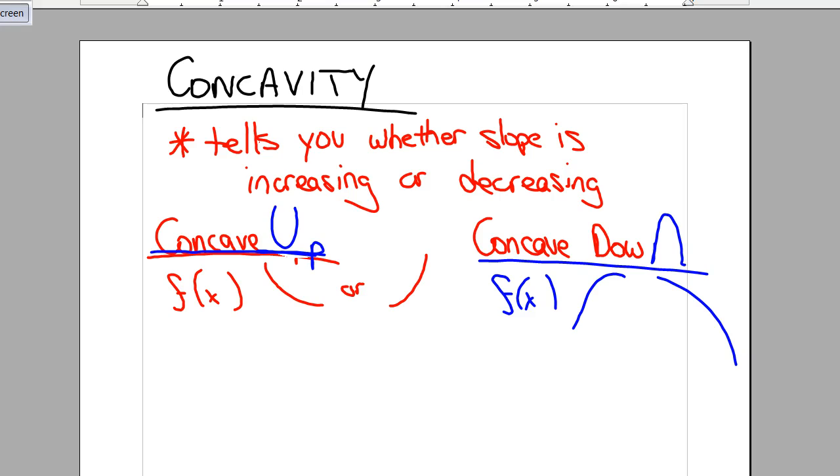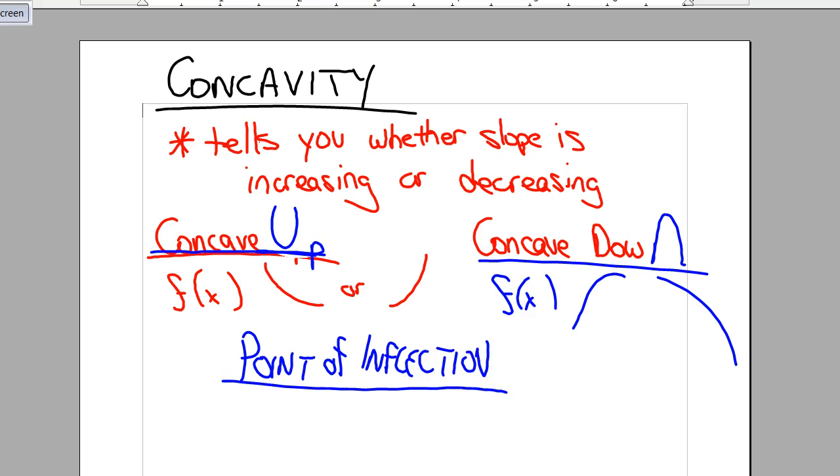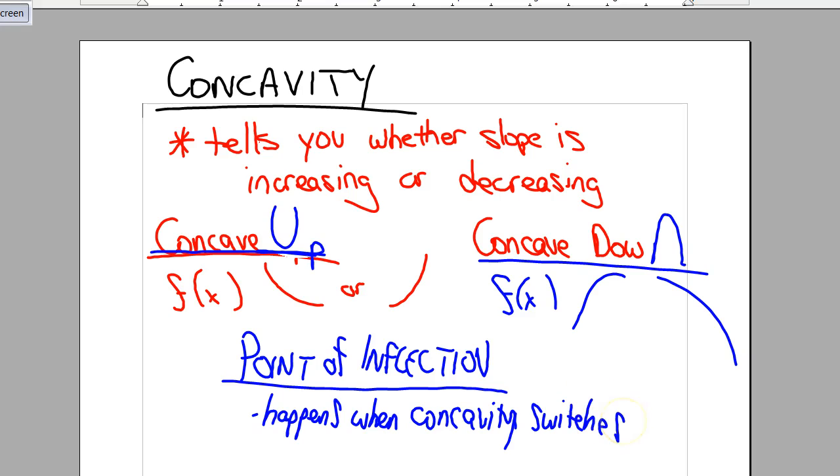If we switch, a point of inflection happens when we switch concavity. So that would look like that, or that, or there's a couple other ways, but that's a general idea of it.